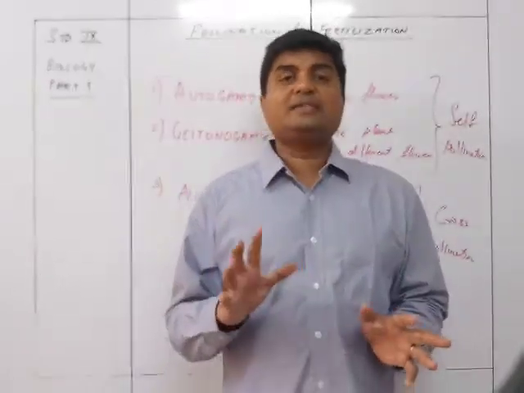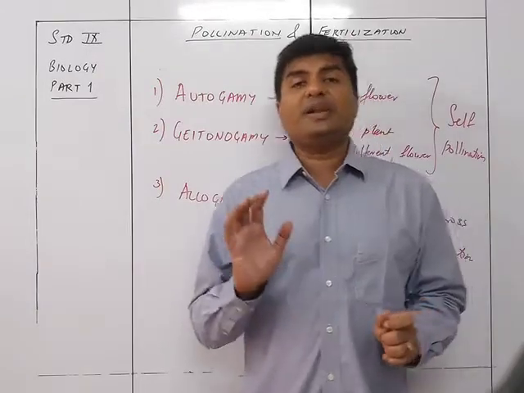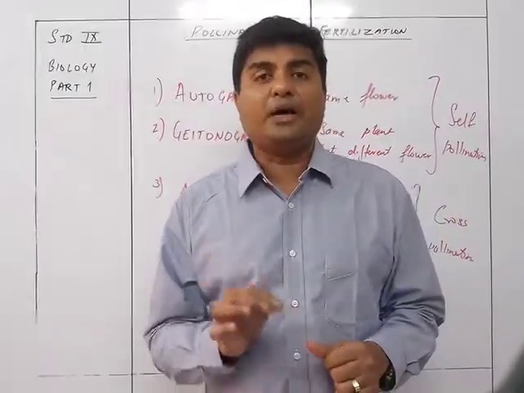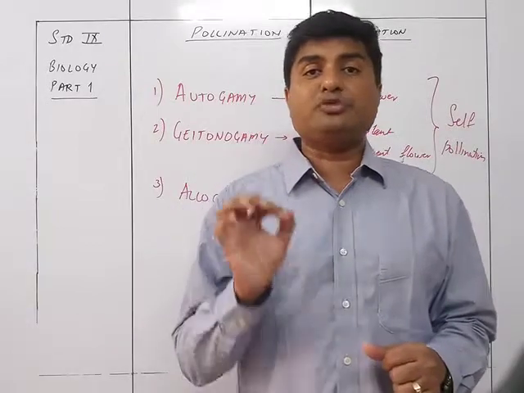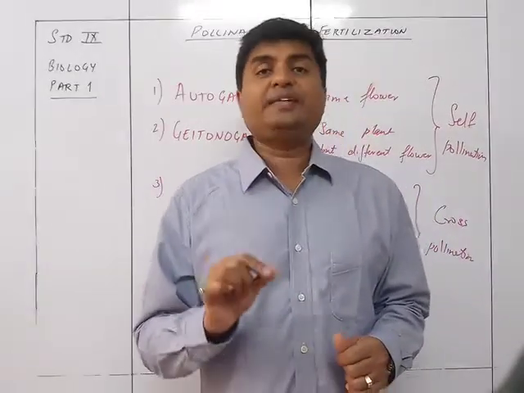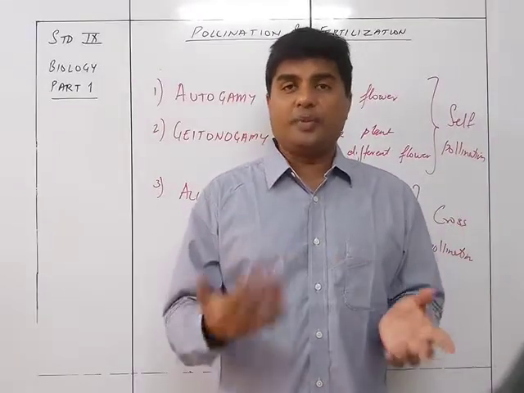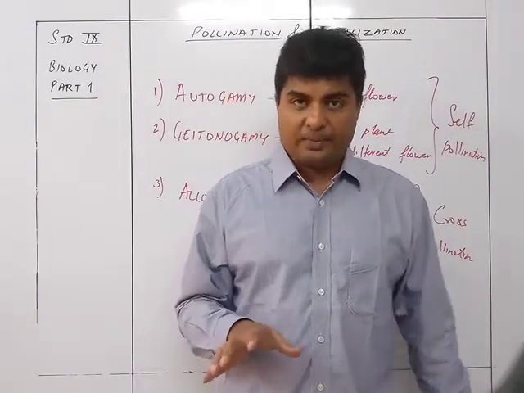So pollination would take place only if the stigma and the pollen grain both are of the same species. If the species are different, then cross pollination or self pollination, any type of pollination, cannot take place.